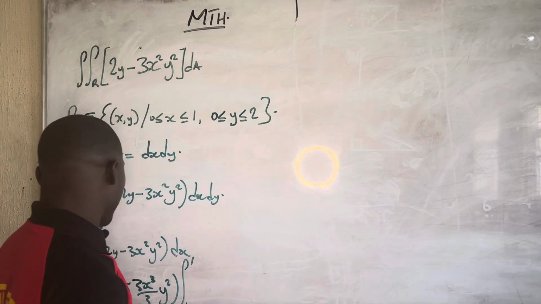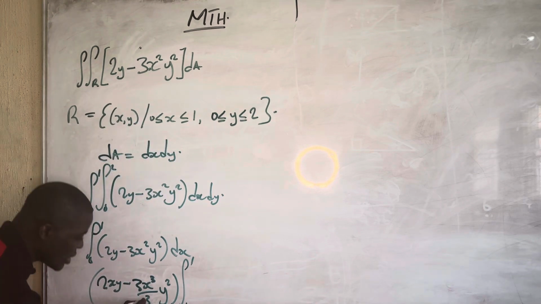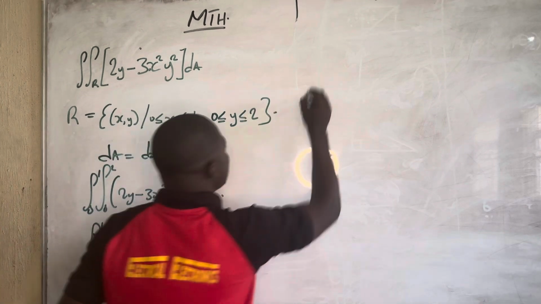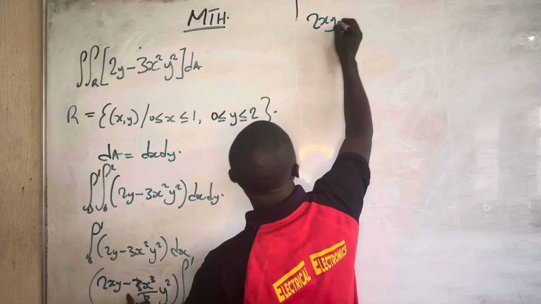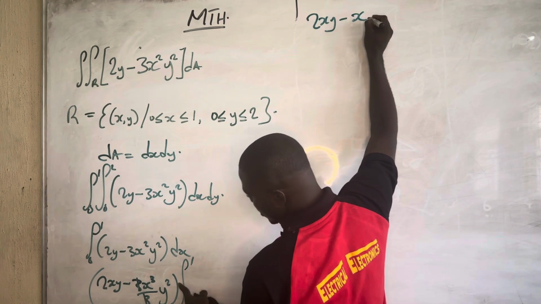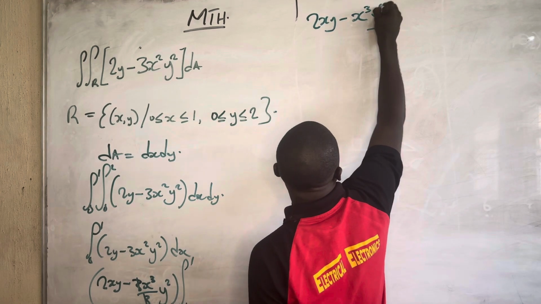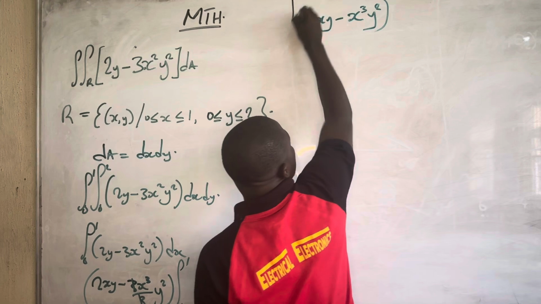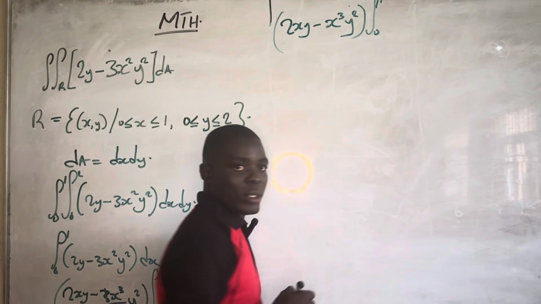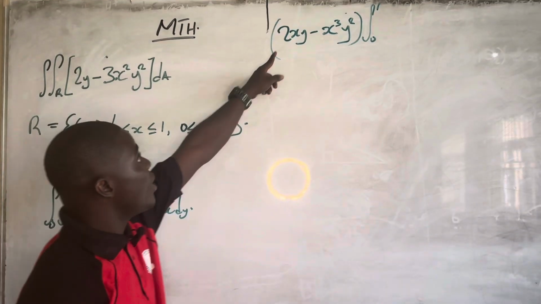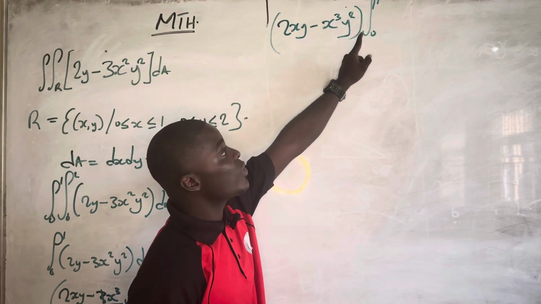By continuation, we have 2xy minus this. The 3 can easily be struck out, so we are left with 2xy minus x cubed y raised to power 2, ranging from 0 to 1.